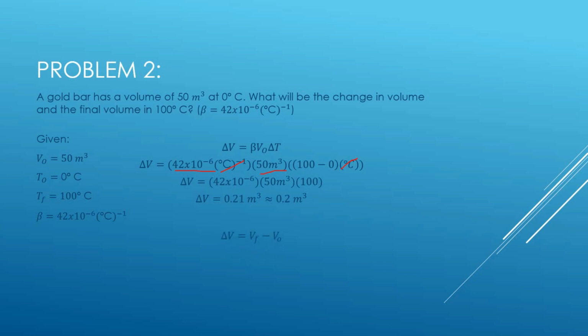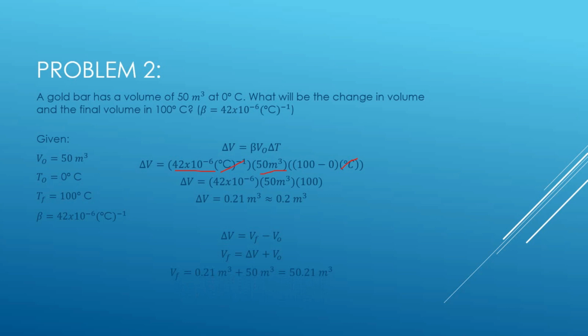Okay, now we have to find the final volume. So the final volume is equal to the change in volume plus the initial volume. So substitute the variables. 0.21 meters cubed plus 50 meters cubed is equal to 50.21 meters cubed.